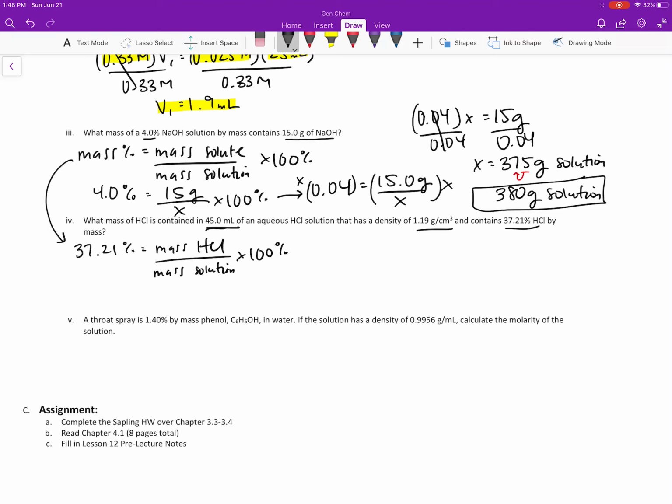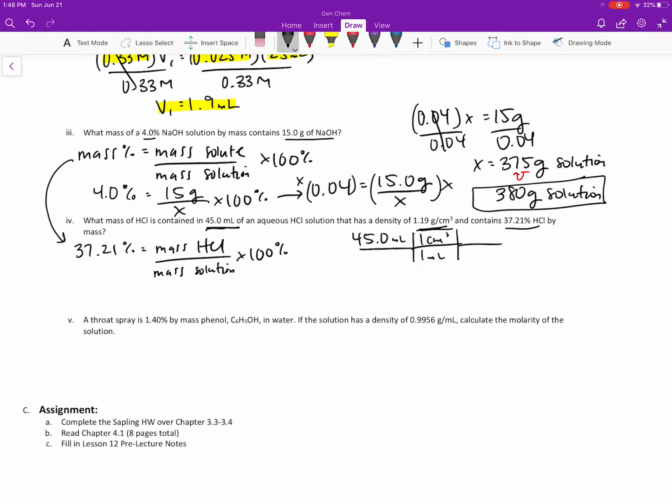But if I have the volume and I have the density, I technically can convert for mass using our density formula or the train track method, and that will allow me to plug in the mass of solution. So to do that, I'm going to start with my volume, 45 milliliters. 1 milliliter is equal to 1 cubic centimeter.